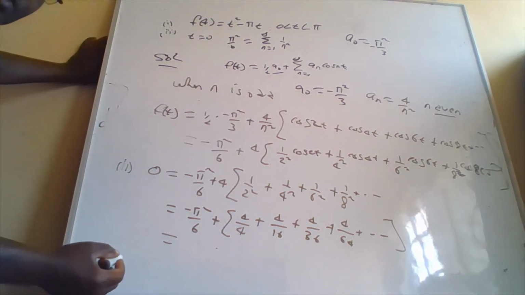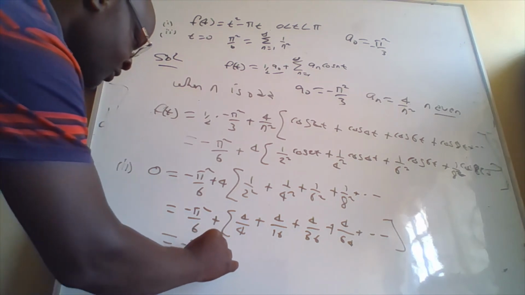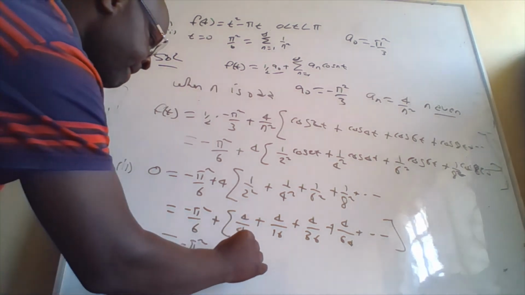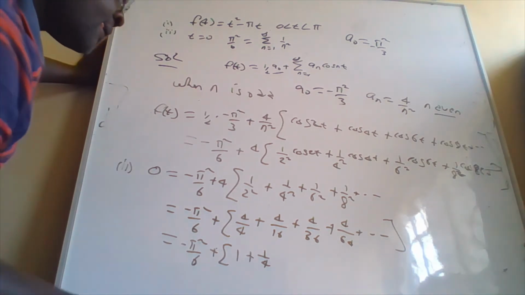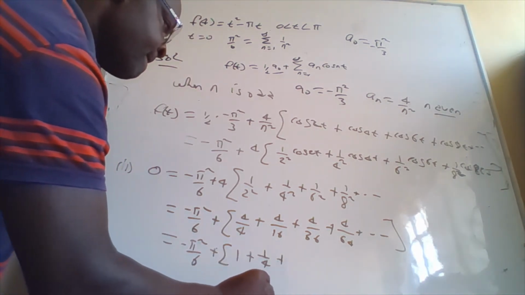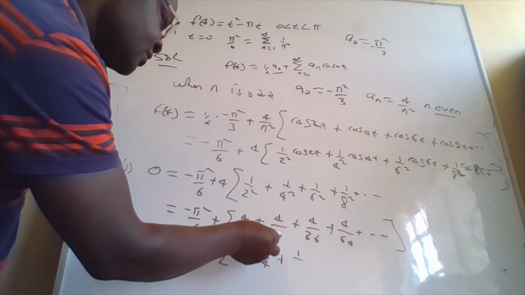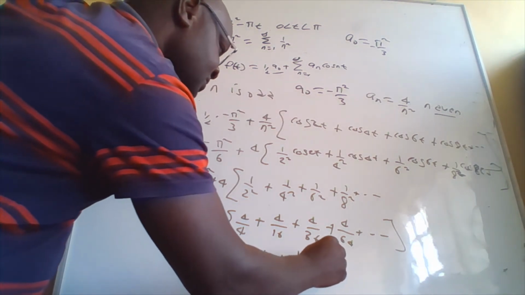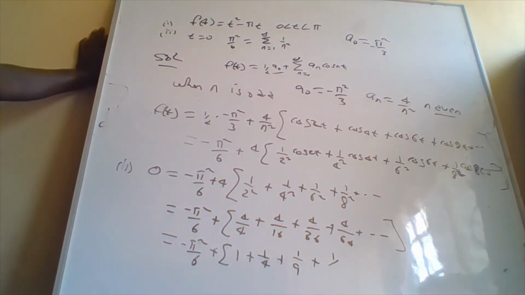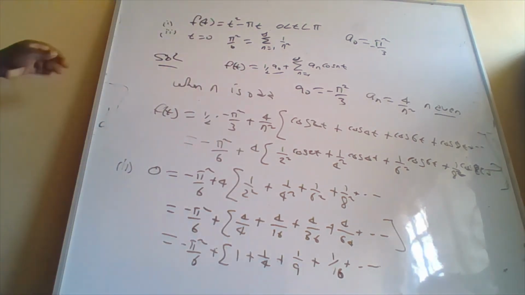Now this will be equal to minus pi squared all over 6 plus, so here we have 1 plus 1 all over 4 plus 1 all over 9, plus 1 over 16. It continues like that.